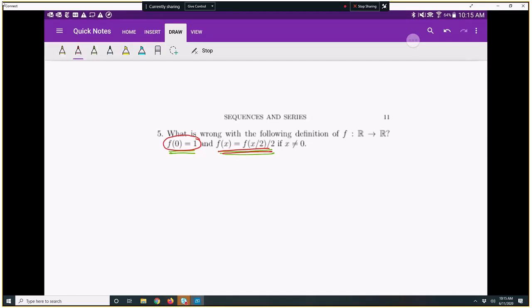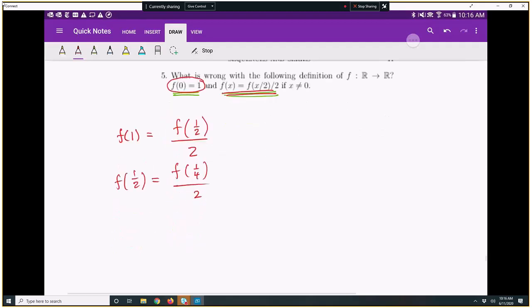So for example, if I wanted to find f of 1, I would have f of 1/2 divided by 2. But I wasn't given f of 1/2, so I could try to find f of 1/2. That should be f of 1/4 divided by 2. But again, I wasn't given 1/4, so I could keep looking.